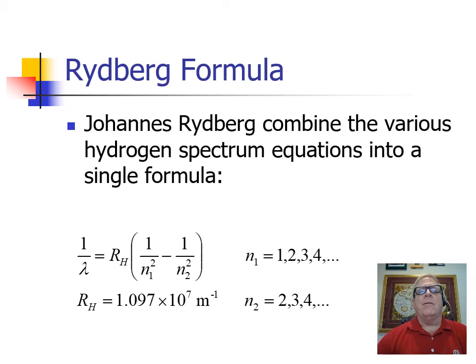If you notice, you have 1 over n1 squared minus 1 over n2 squared. As long as n2 is larger than n1, then your formula is going to give you a positive value for 1 over the wavelength.